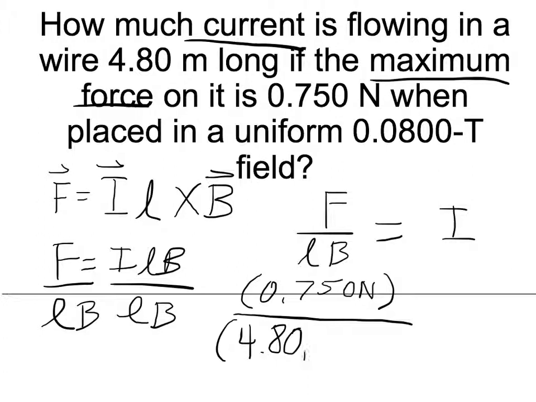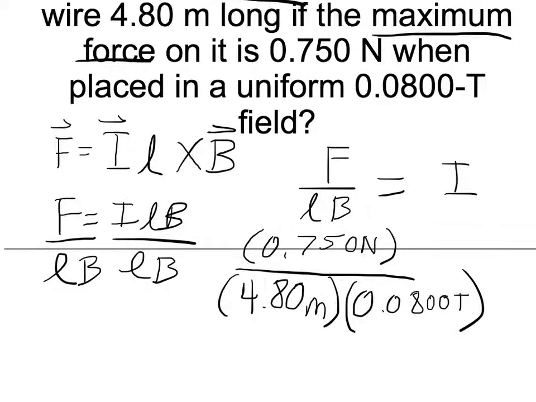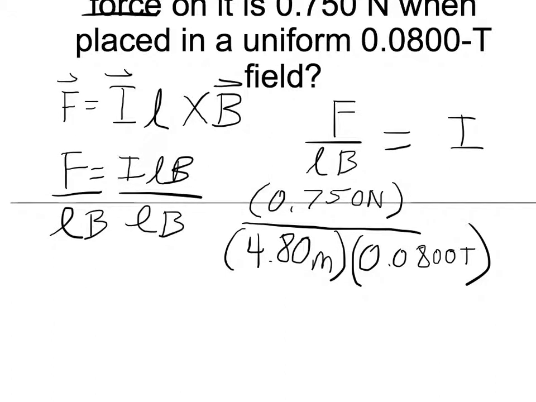And if it weren't in meters, you'd have to change it because meters are our standard international unit. Times 0.0800 Teslas. And if you grab a calculator and do out that math, I found that there are about 1.95 amperes of current going through that wire.